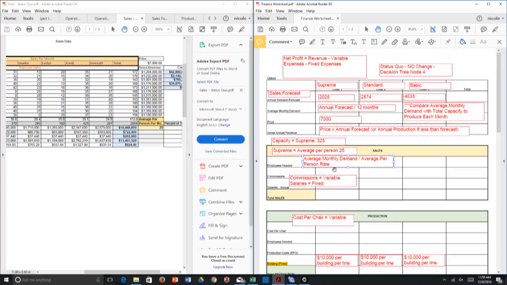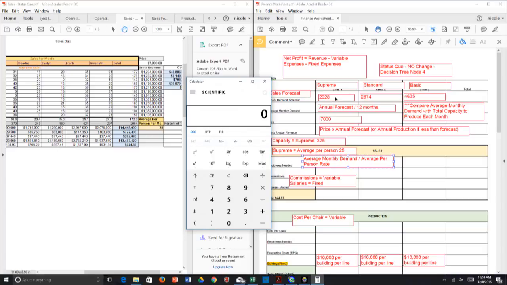So for our Supreme chair, we have an annual demand of 2,028 divided by 12 gives us 169. So again, we're going off of our forecast, not off of what we actually did in 2015. Make sure that you're using this average monthly demand.